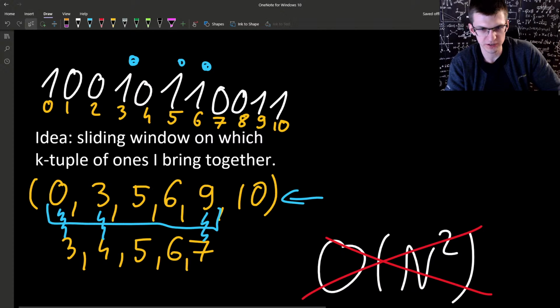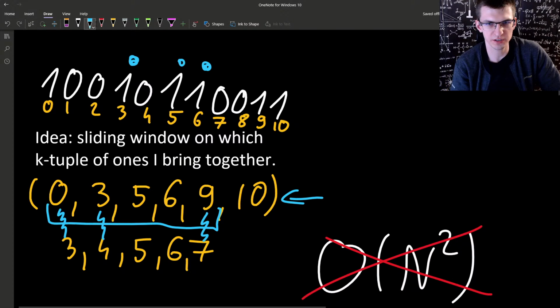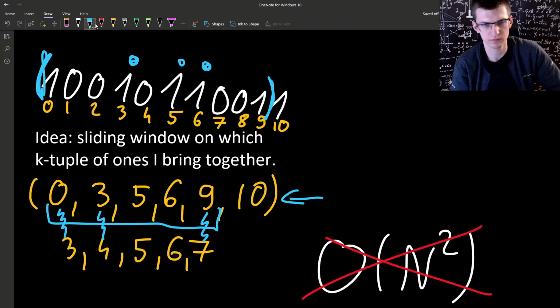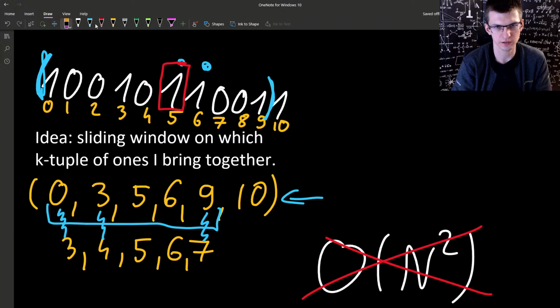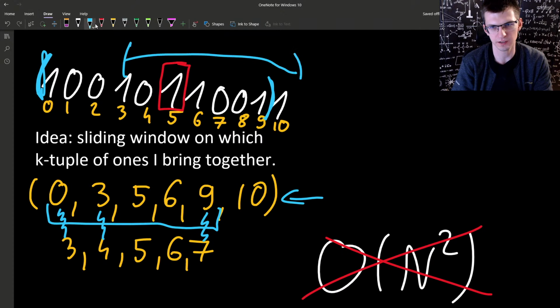So this first sliding window represents the interval from here to there, with the meeting point being this middle one. Also, let's get rid of those dots, right? This is the first sliding window. Later, we need to move it to something like that.